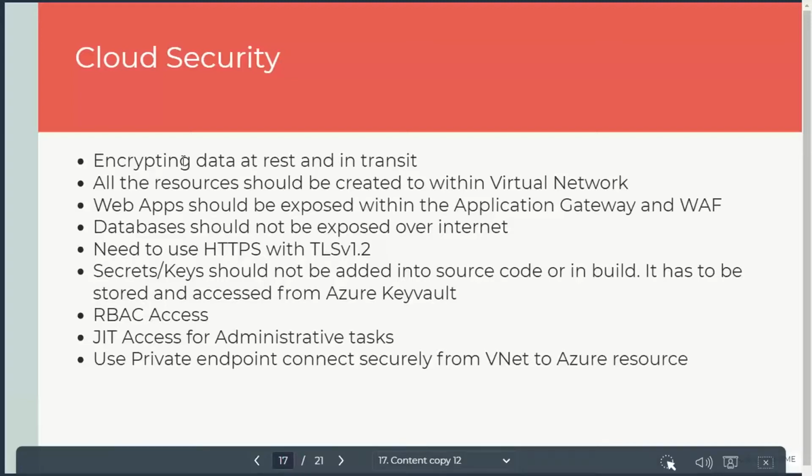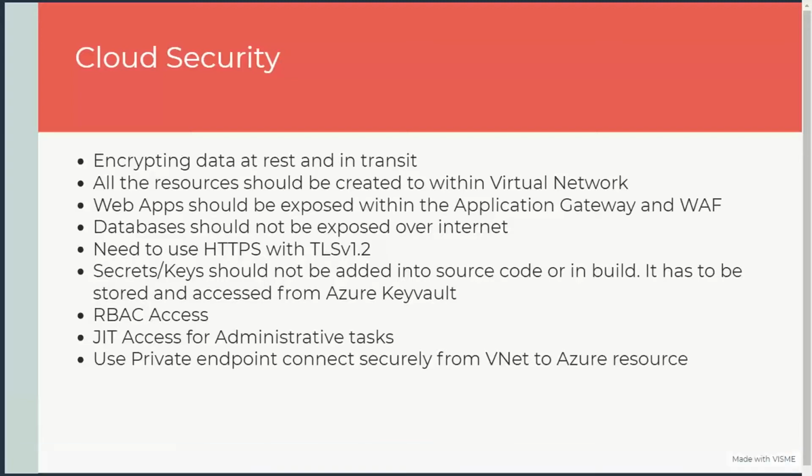For the encryption, we need to provide keys. Sometimes we can leave that responsibility to Microsoft, so they will use their own key for the encryption. If you say no, I want full control over the encryption, then you can give a customer managed encryption key, and they will encrypt the sensitive information.